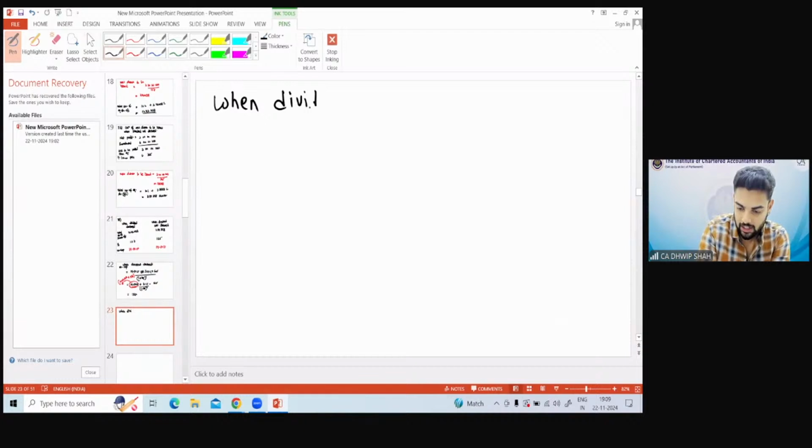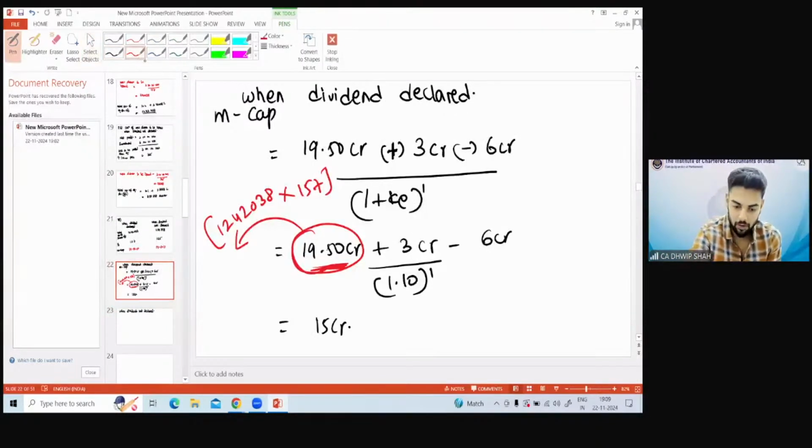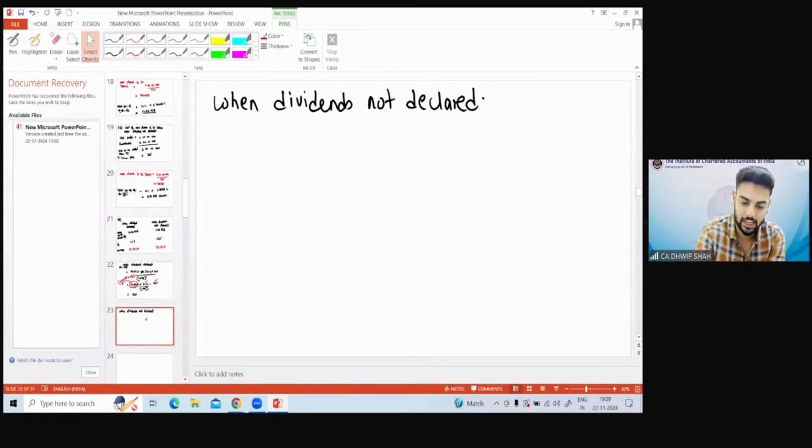Similarly, when dividends are not declared, it will remain the same, because the amount of net profit, the amount of investment and Ke are constant. So it will come to 15 CR only. How?